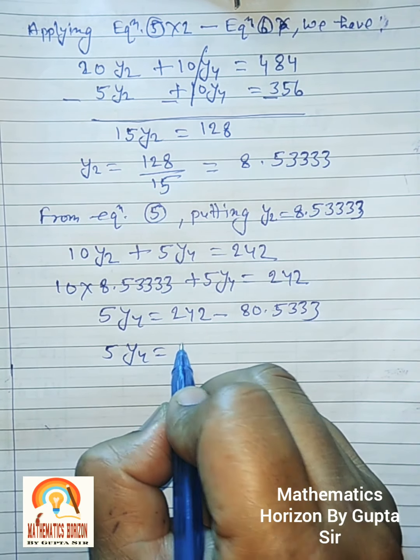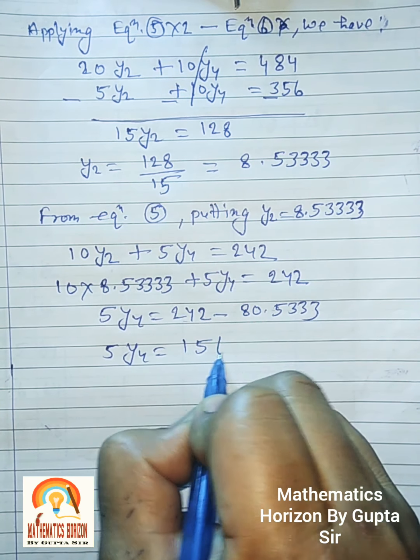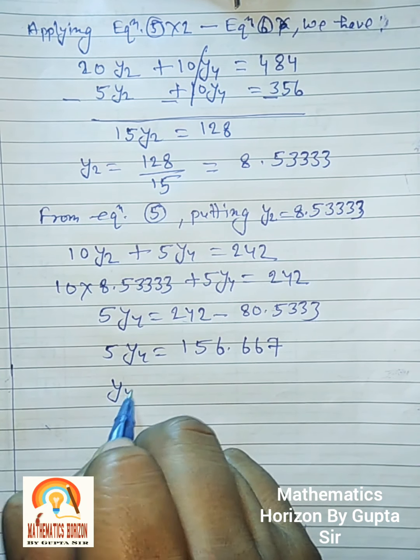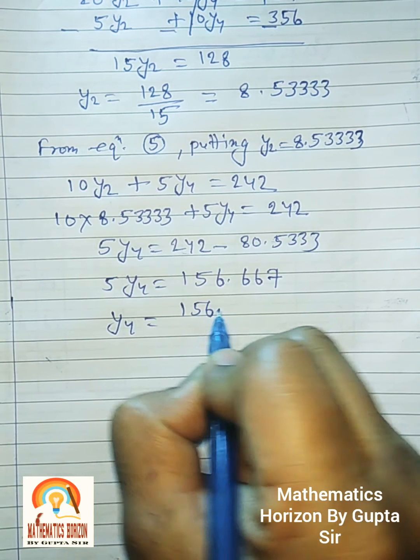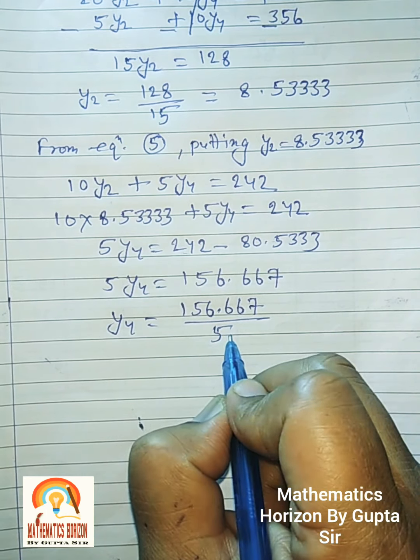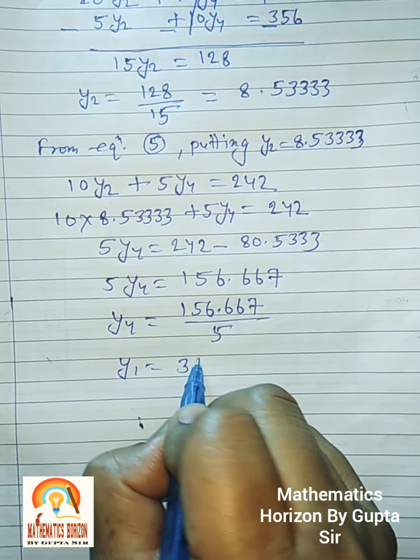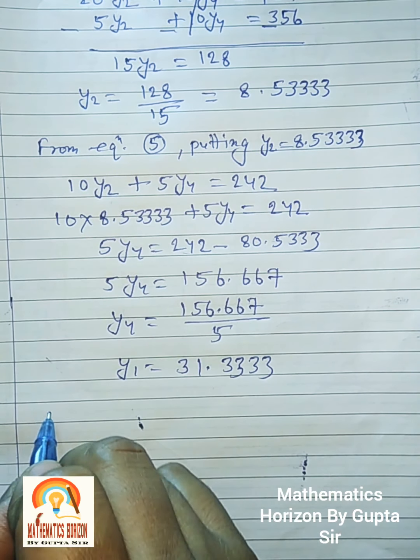5y4 is equal to 242 minus this term, we get here 156.667. That is y4 is equal to 156.667 upon 5. That is y4 equal to 31.3333.